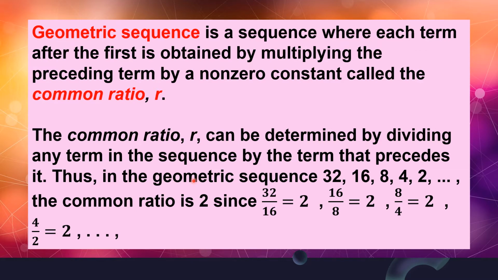Thus, in the geometric sequence 32, 16, 8, 4, 2, and so on, the common ratio is 2, since 32 divided by 16 is 2, 16 divided by 8 is 2, 8 divided by 4 is still 2, and 4 divided by 2 is equal to 2. The common ratio is 2.